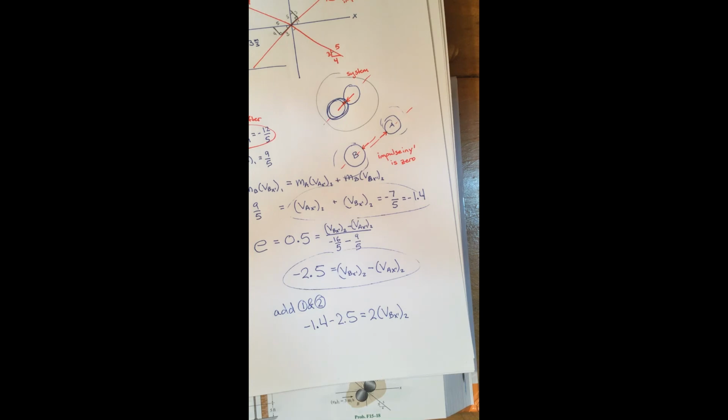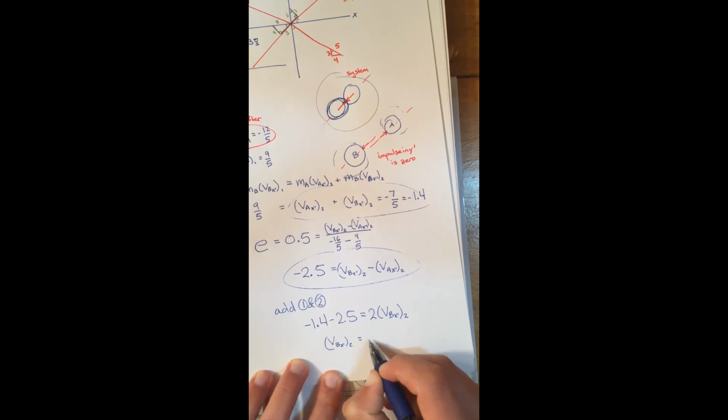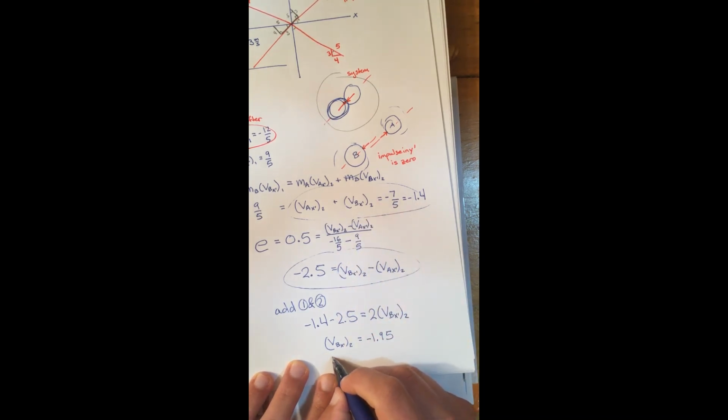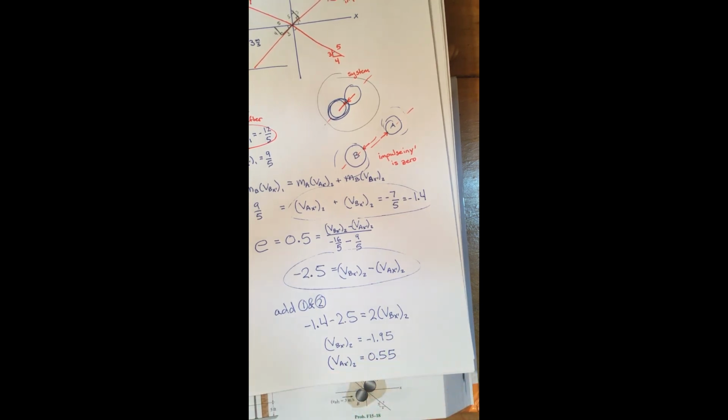When I solve this for VBX prime 2, I get VBX prime 2 is equal to negative 1.95. And I can take that and put it back either into equation 2 or equation 1, and I get VAX prime 2 is equal to 0.55.